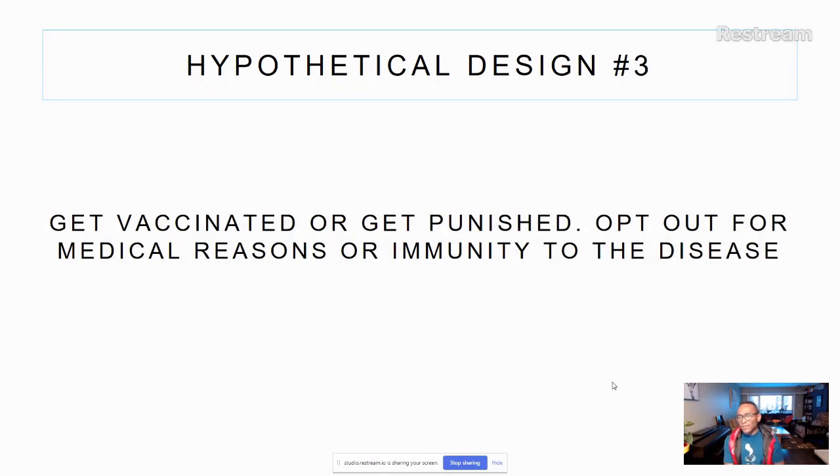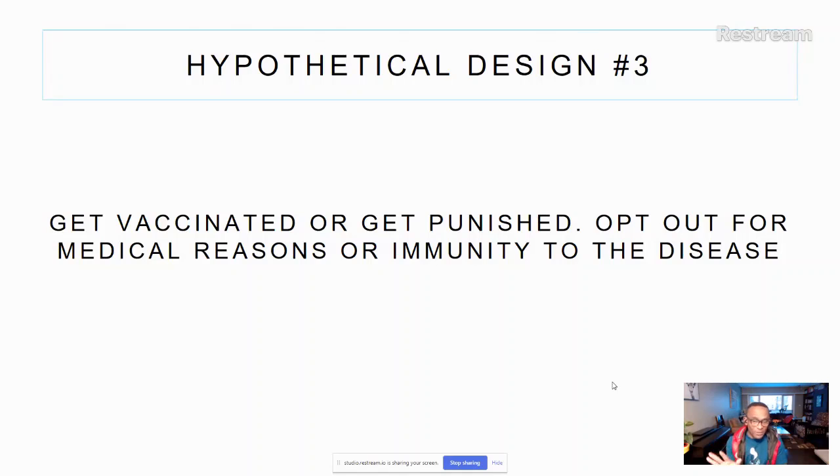A third design. This one has been tried out in other jurisdictions. Historically in Canada, it was tried out in the 19th century. And I believe New Brunswick recently tried to do something along these lines for childhood vaccination. So you get vaccinated, or you have to pay a fine, or you're excluded from something. You can opt out for medical reasons, or if you have immunity to a disease.